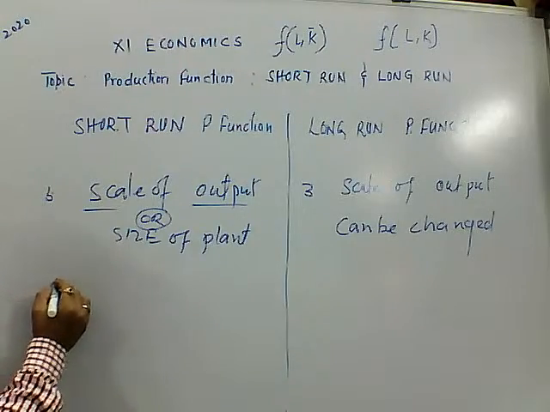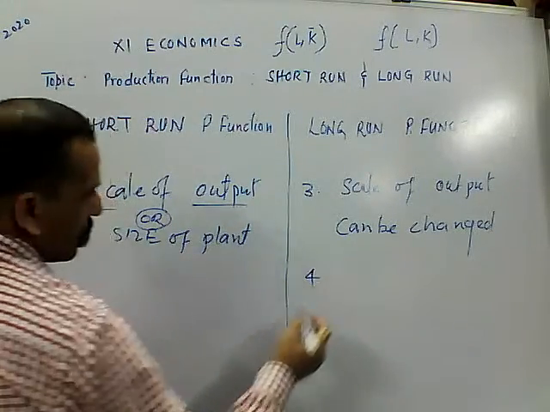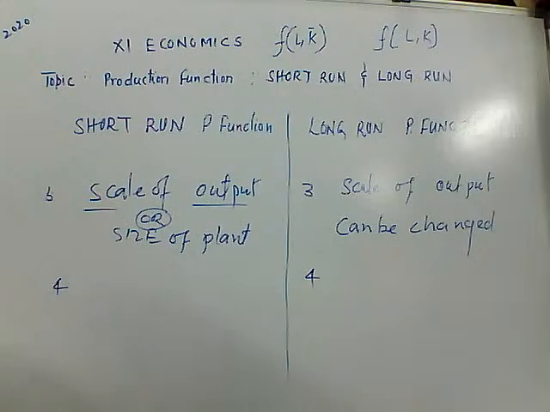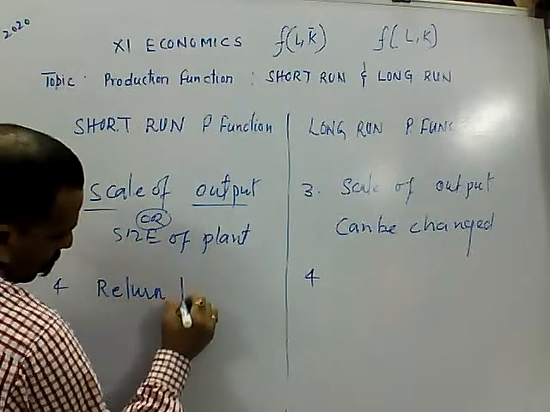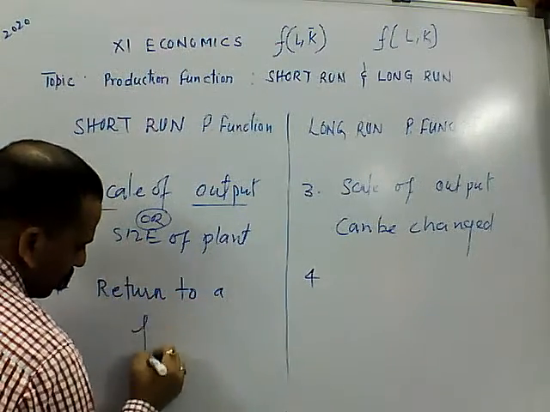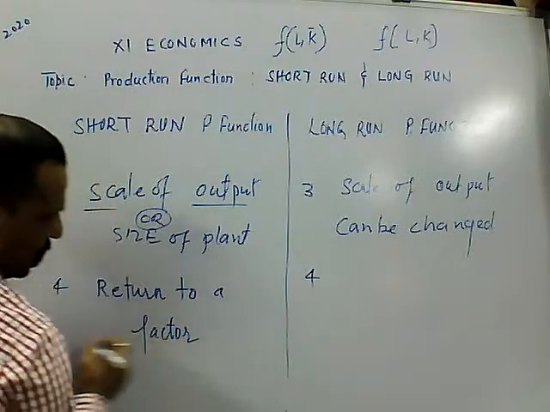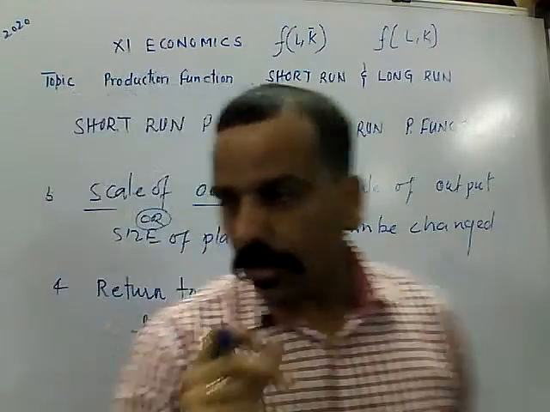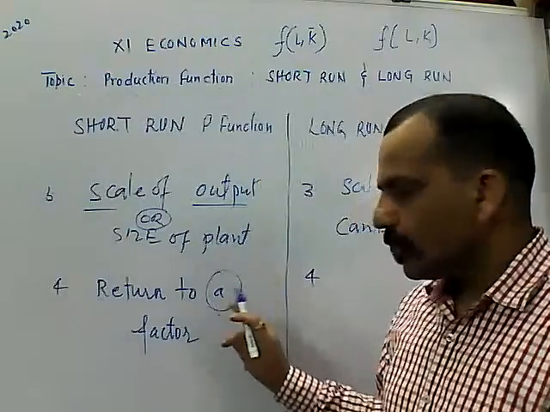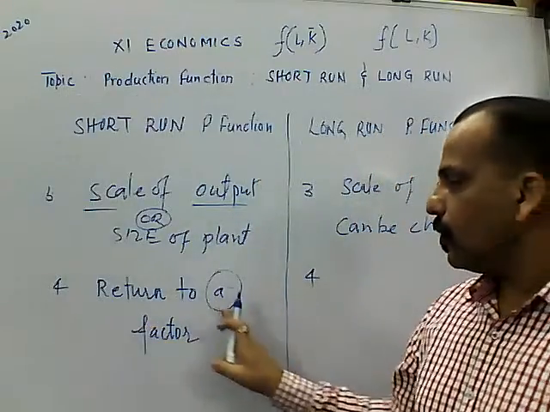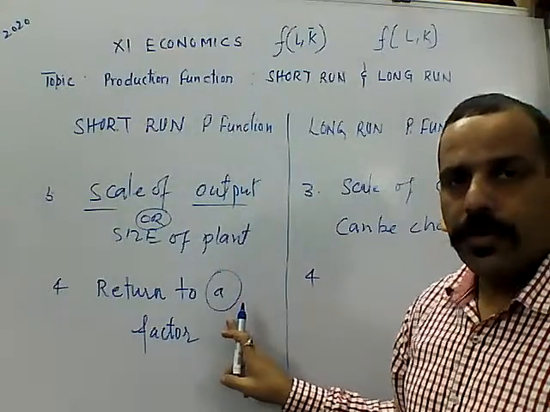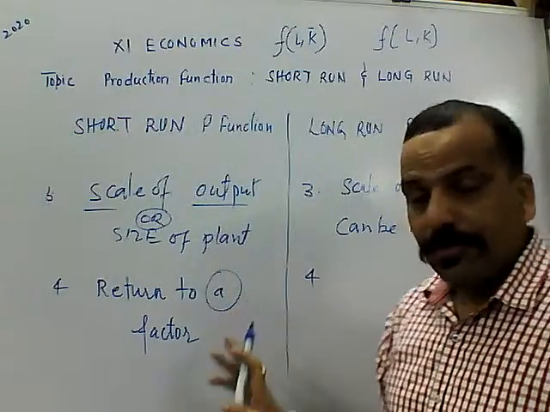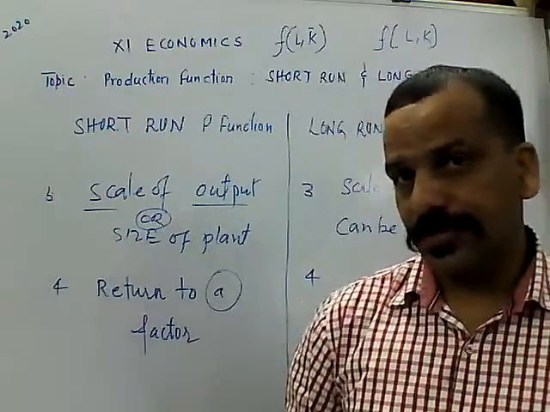Last point, fourth point of the difference. The short-run production function is where we study the return to a factor. Return to a factor, a very important point, in the shorter period of time means labor, which is one of the factors of production, can be changed to change the output.